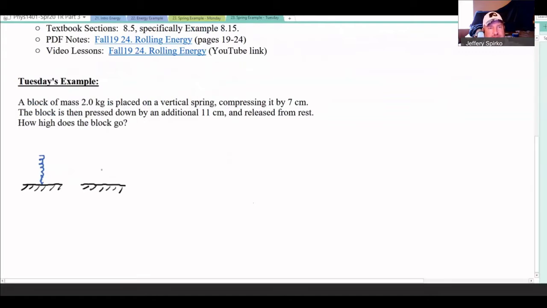And when you place a block on the spring, it's going to squish the spring. So we're going to have a level here and a level here. And that distance there, that's my 7 centimeters. And why is it compressed? Because we put this block on top of it.